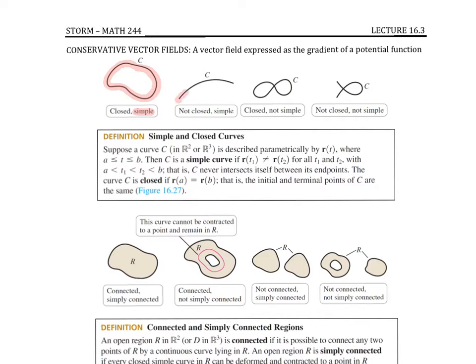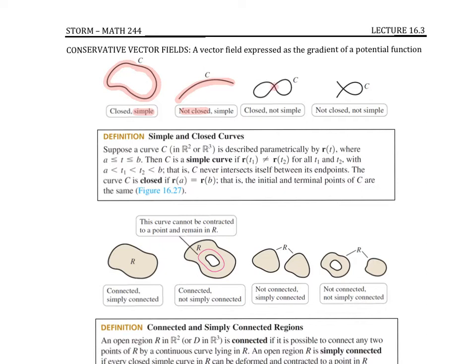This next diagram is an example of a simple curve. It doesn't intersect on itself, but it's not closed. The ending and the starting points are different. The third example is closed but not simple.